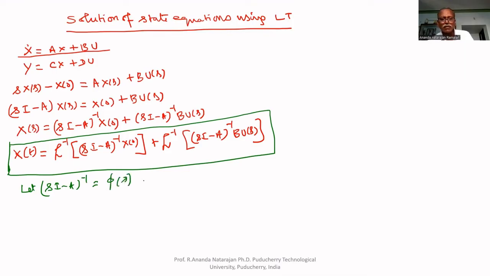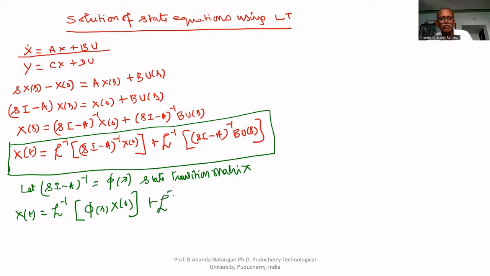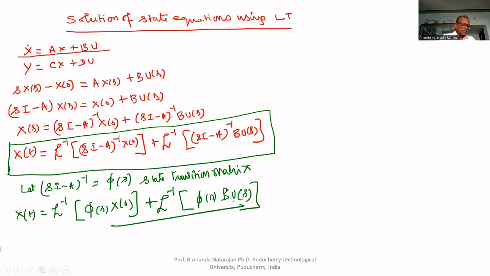This is called the state transition matrix. Then the equation becomes x(t) equal to Laplace inverse of phi(s)X(0) plus Laplace inverse of phi(s)BU(s). That's all. This is the solution for the given state equation.